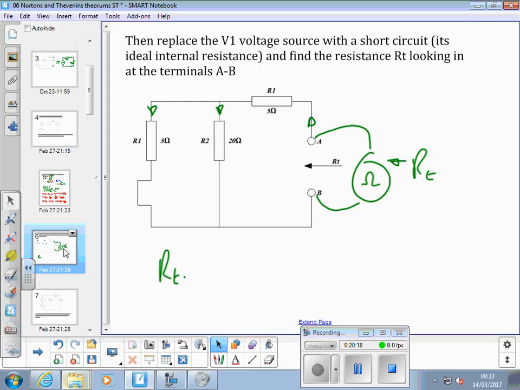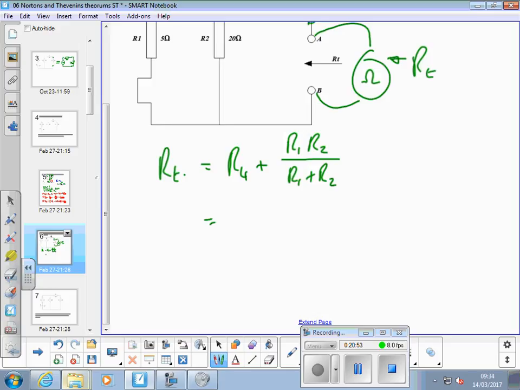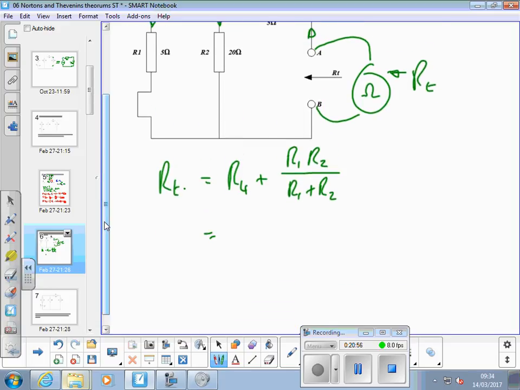It's not all parallel, is it? R1 and R2 in series. R4 comes in.